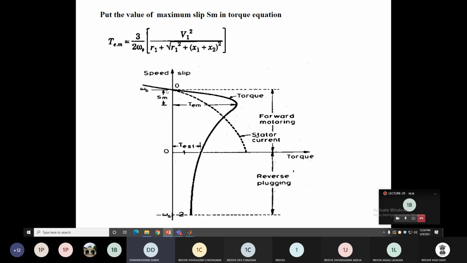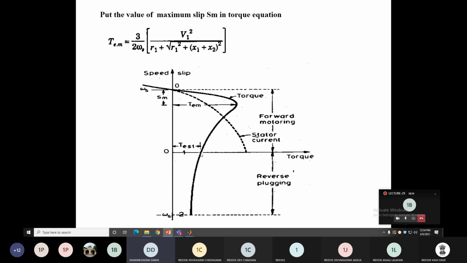So let's see the speed torque characteristic of the induction motor. At the starting of the induction motor, the speed of the rotor is 0, which means slip is 1. So the speed torque characteristic starts from this point where slip is 1.